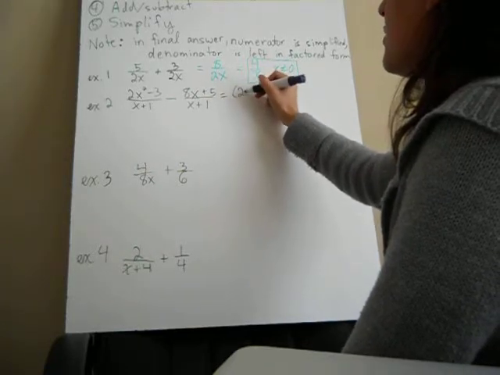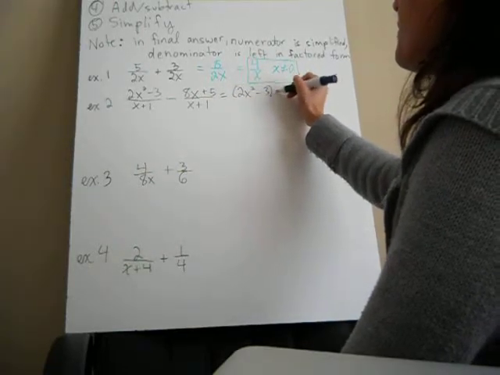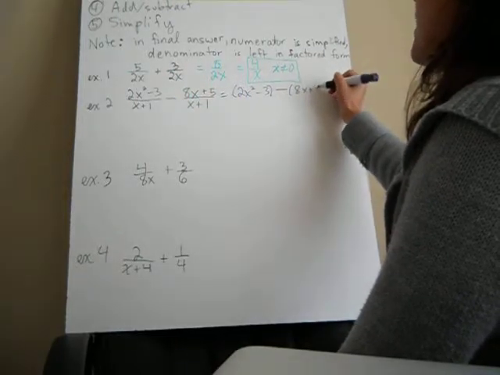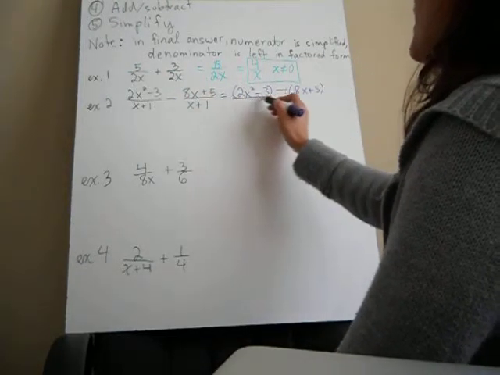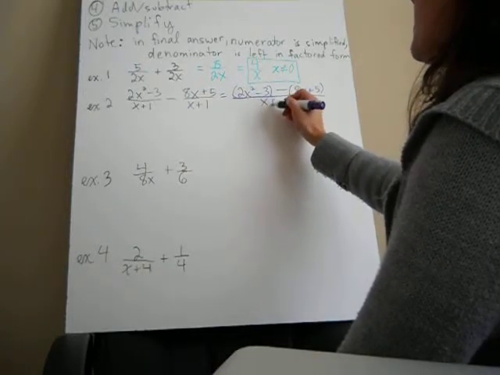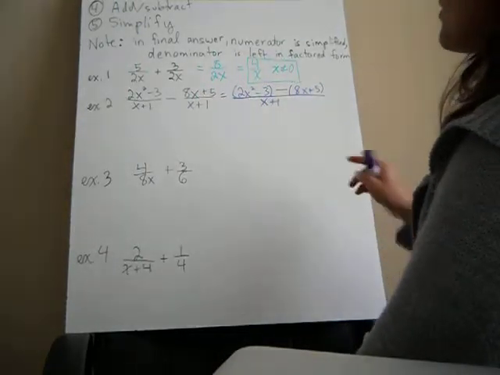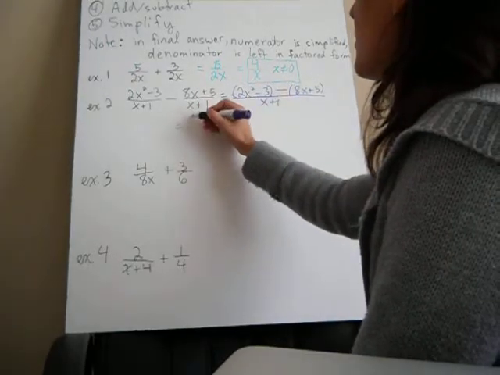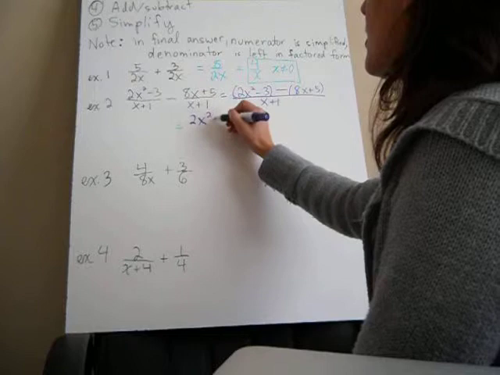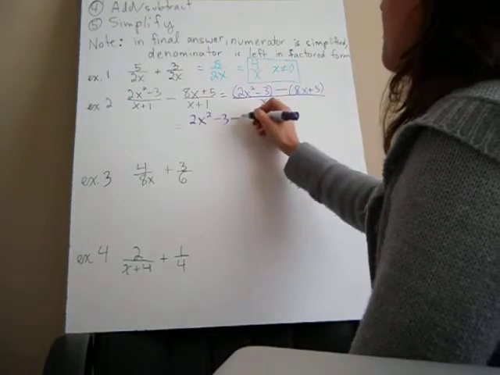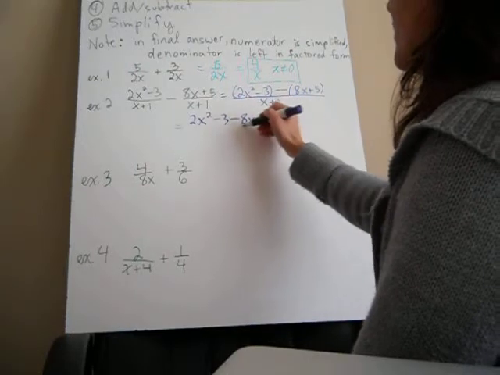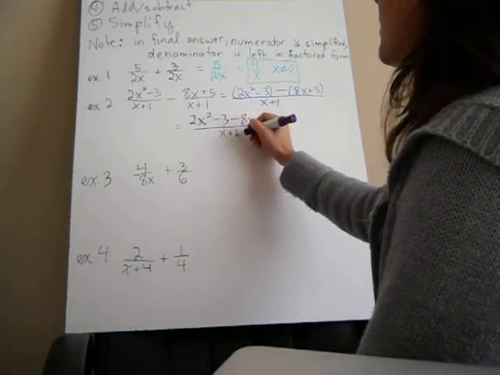So what that is 2x squared minus 3 minus 8x plus 5, and then all of that is over x plus 1. So what you need to do now is distribute that negative. So that becomes 2x squared minus 3 minus 8x minus 5 all over x plus 1.